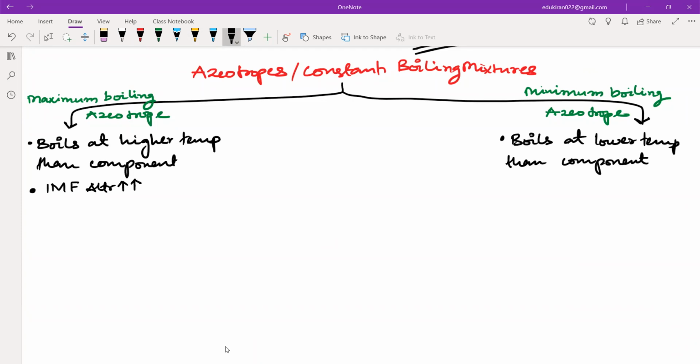If intermolecular force of attraction increases, the molecules will not escape easily, and that is why the vapor pressure will be lower. And if the vapor pressure is lower, that means it shows negative deviation from Raoult's law.